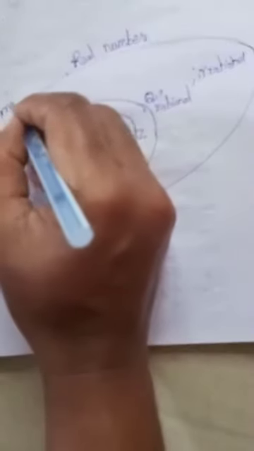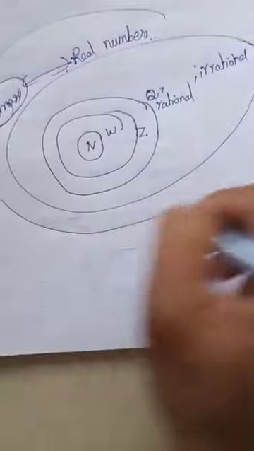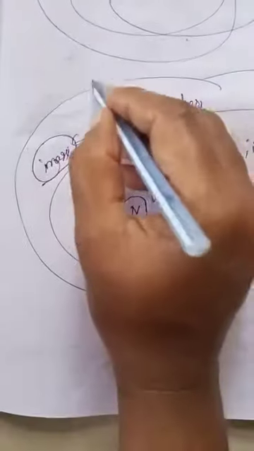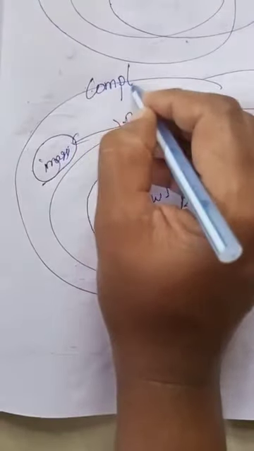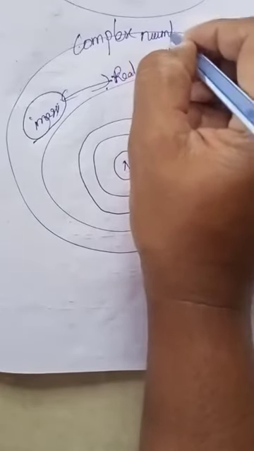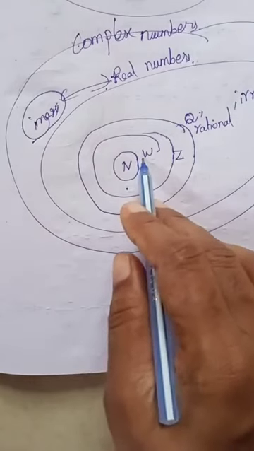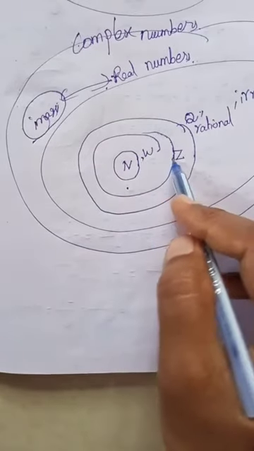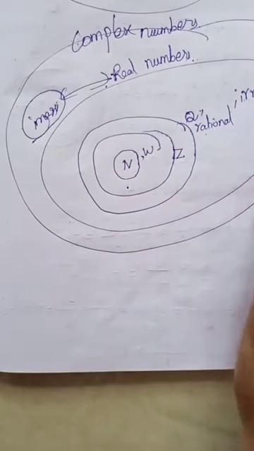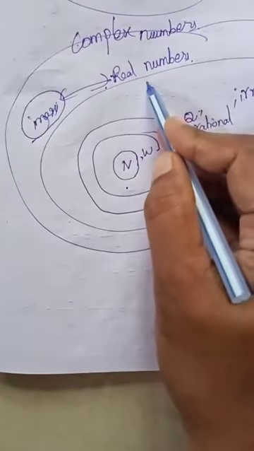This real number and the imaginary, okay, this imaginary and real number together give the next biggest set, that is complex numbers. So natural numbers, whole numbers, the next integers, then rational, irrational, then together everything is real numbers.